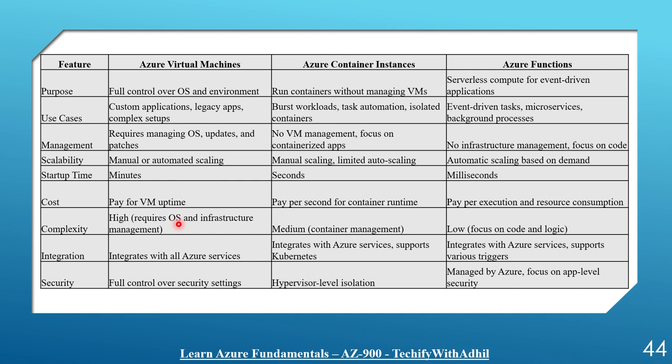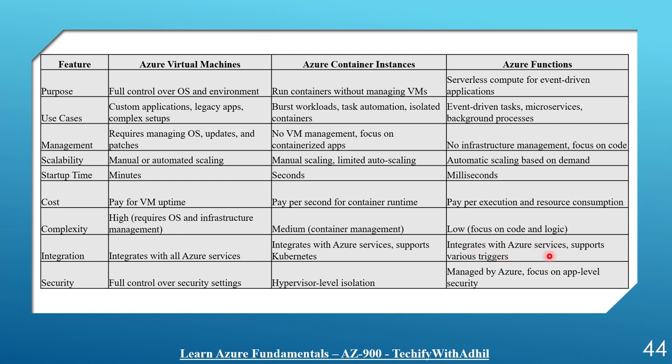Complexity is high for VMs because of high management, and all setup is on us. This is medium level for containers, and Azure Functions is low-level managed complexity. Then integration: VMs integrate with all Azure services. Containers integrate with Azure services and support Kubernetes, which we explained in the container video.